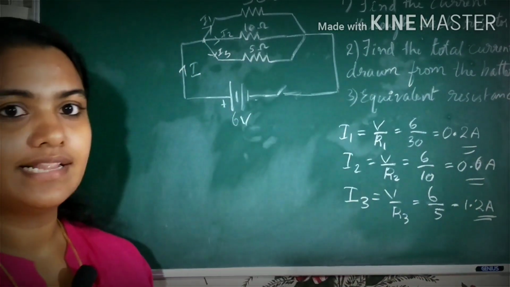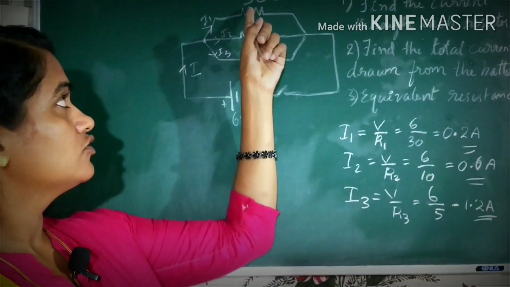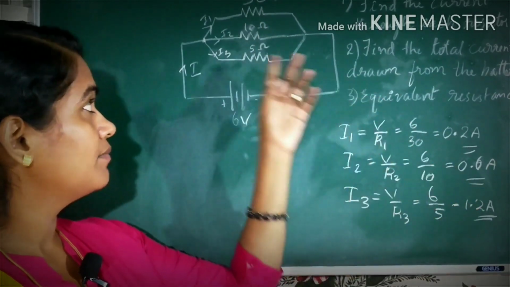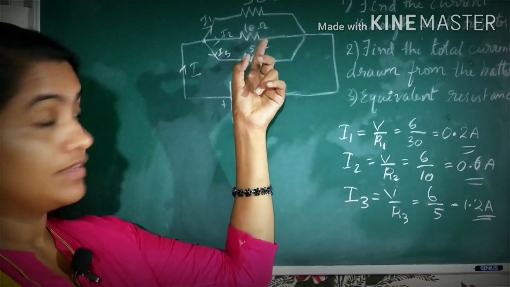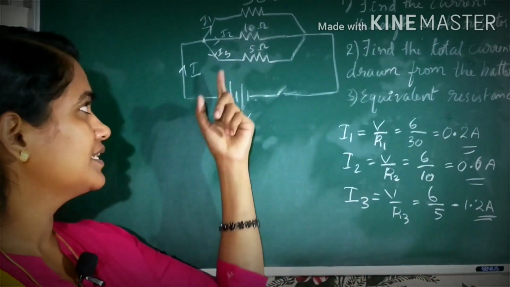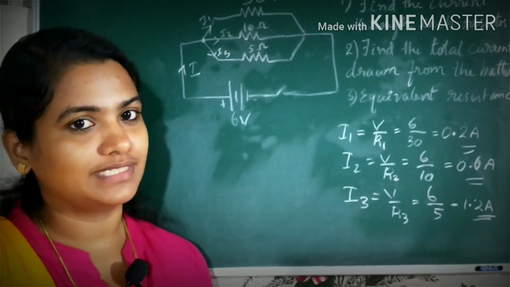So now we get the current through each resistor: I1 as 0.2 ampere through the 30 ohm resistor, 0.6 ampere through the 10 ohm resistor, and 1.2 ampere through the resistor R3, that is the 5 ohm resistor.